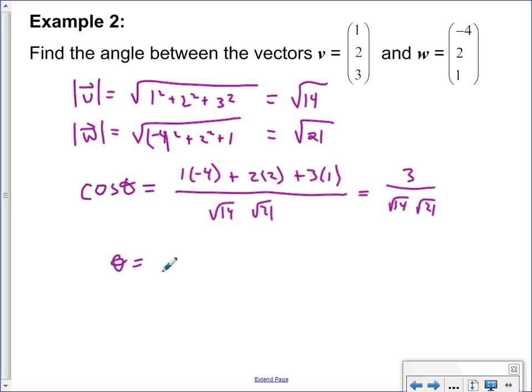Yeah, can you calculate it? 79.9? Yeah. Awesome. What if it was asking for radians?